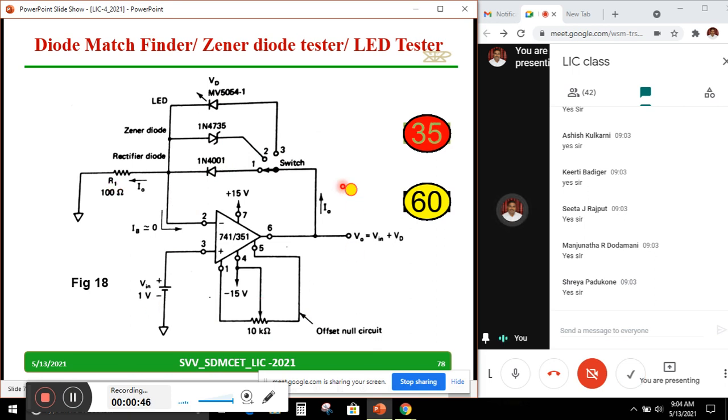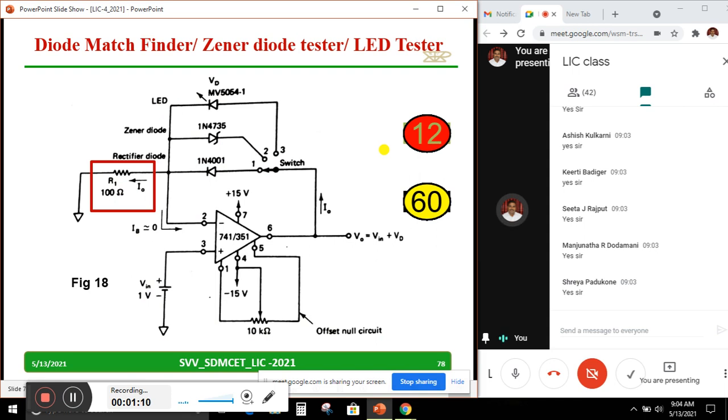What changes we have made is just we have replaced the RL by a diode, and using a rotary switch we are connecting a Zener diode, LED. So 1 volt we have, and this side we have maintained the 100 ohm.